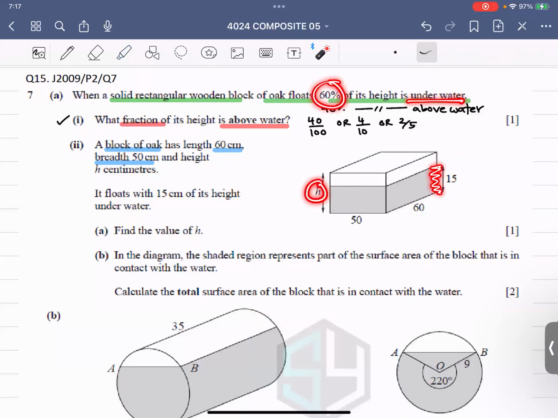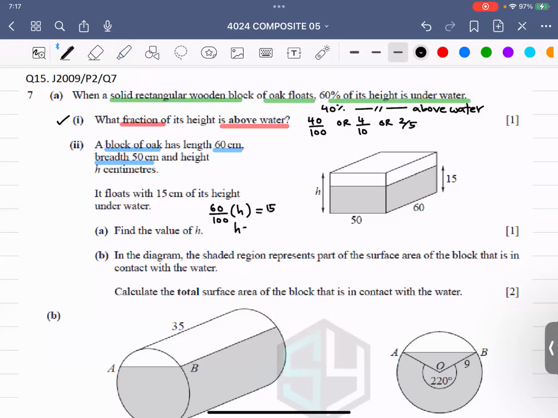This value is 15. So 60% of h equals 15. Therefore, h equals 15 into 100 divided by 60. 15 ones are 15, 15 fours are 60, and then 100 divided by 4, h comes out to be 25 centimeter. That's the value of h. So the first part is done.